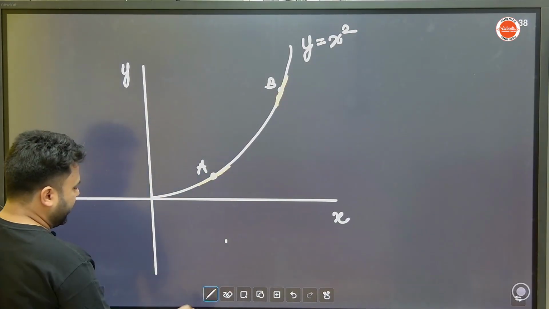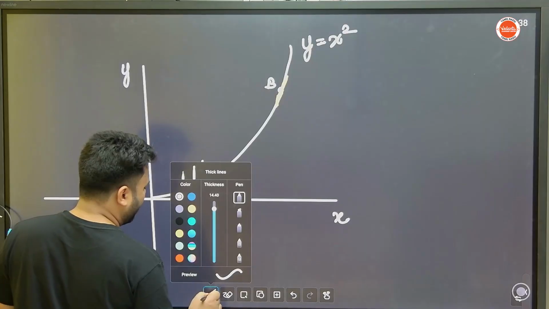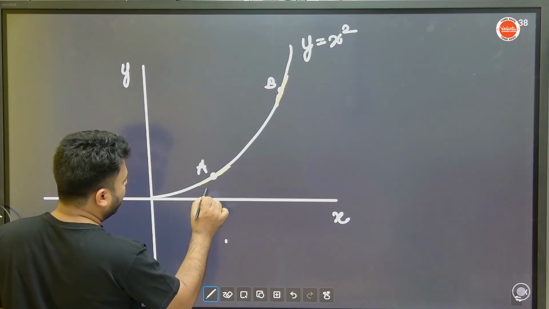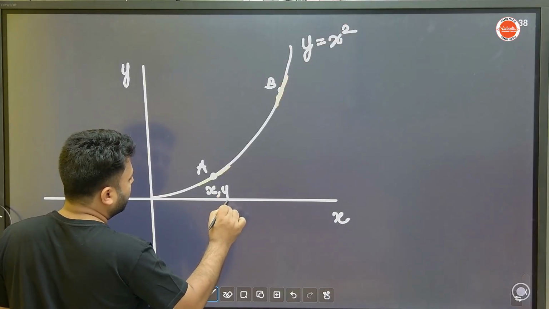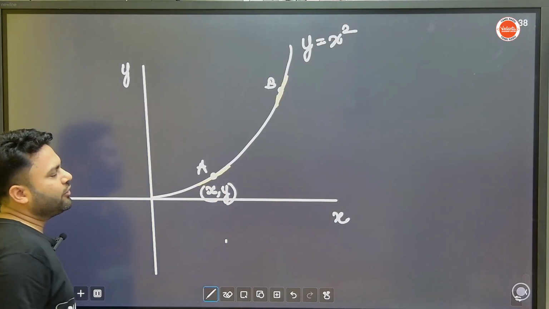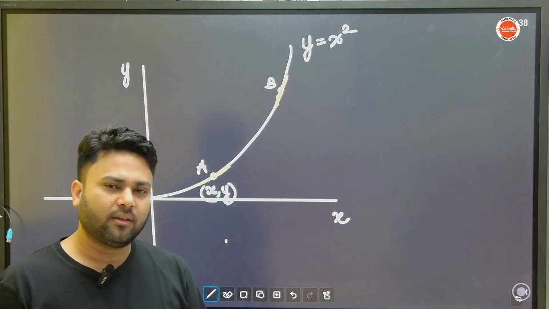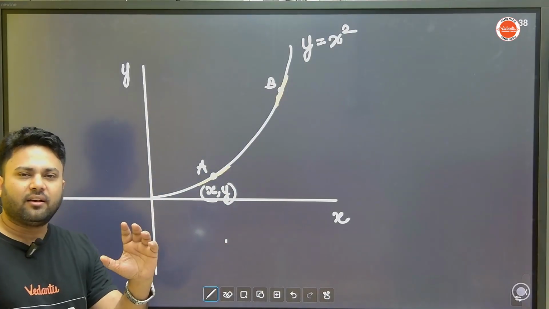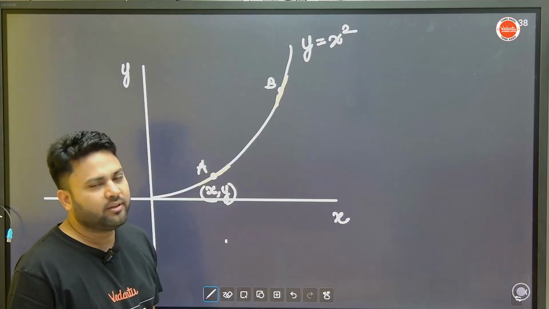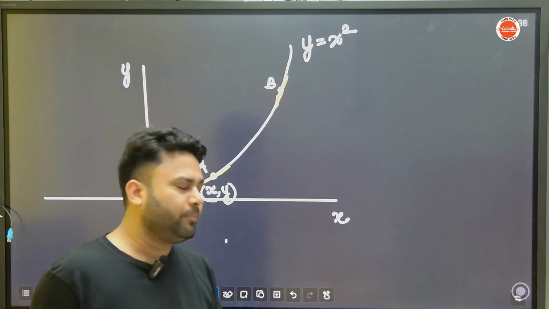So suppose this point A has coordinates x comma y. They ask, okay, I am able to visualize the slope, but what is the value of the slope?